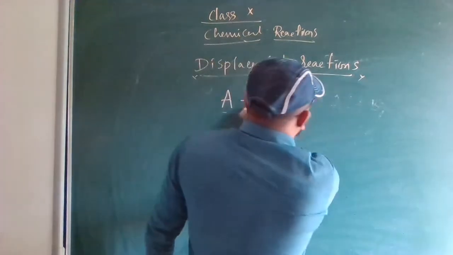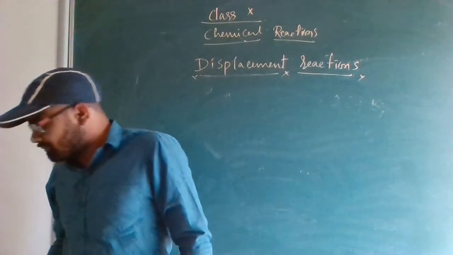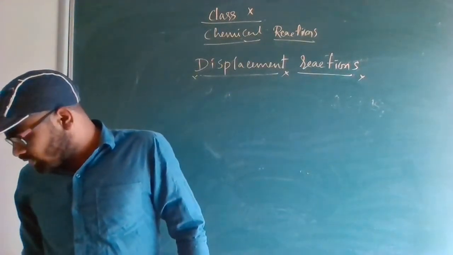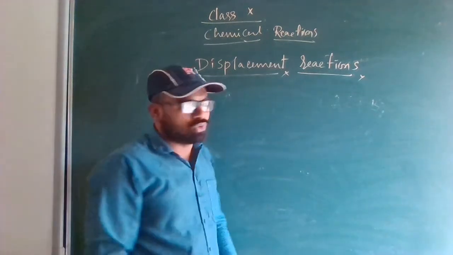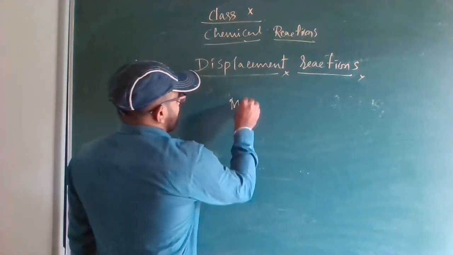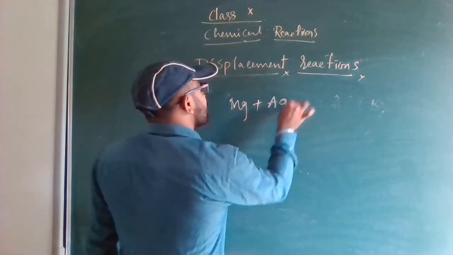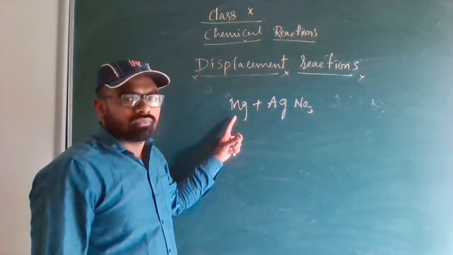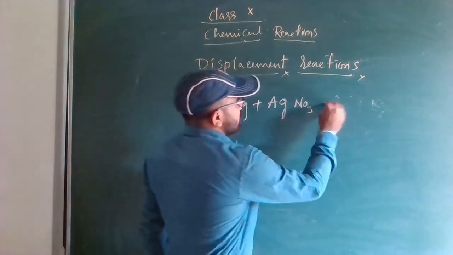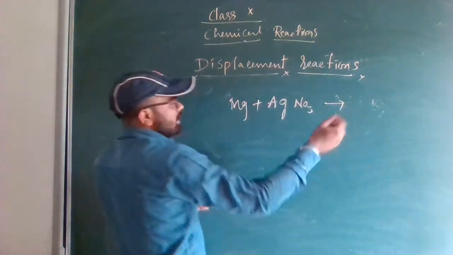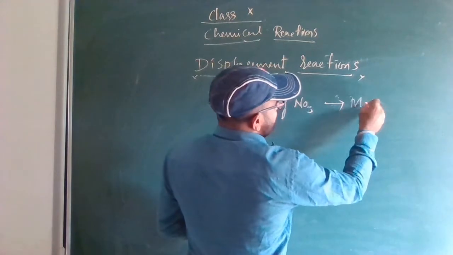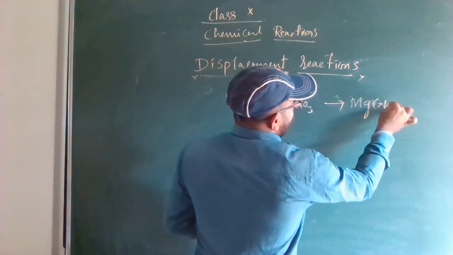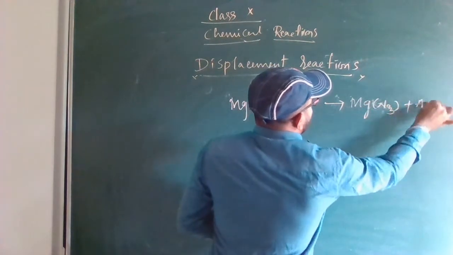So I will tell you the examples. First one I am going to take is Mg plus 2AgNO3, magnesium and silver nitrate. Silver will be displaced, so we get magnesium nitrate plus Ag.